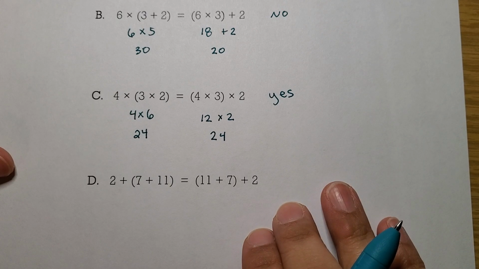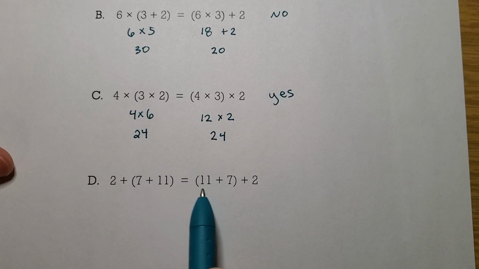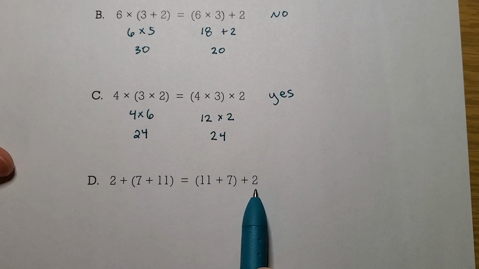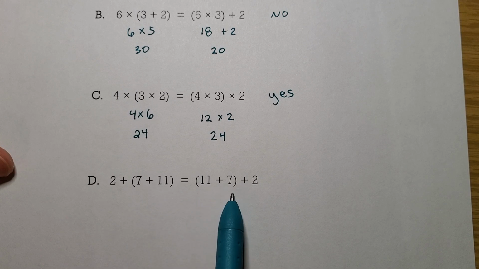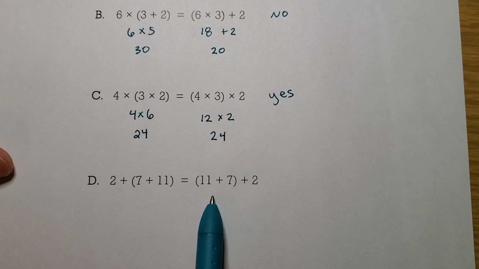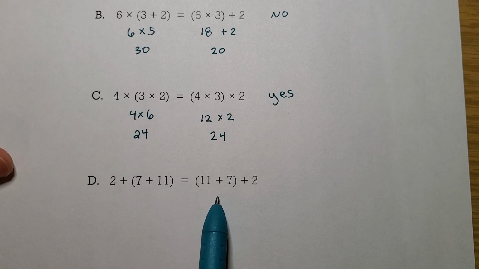All right, for this last one, let's see what happens. We've got 2, 7, 11, 11, 7, 2. And here the 7 and 11 are grouped, and here the 11 and 7 are grouped. So it looks like on this one, the grouping hasn't changed. The 11 and the 7 were grouped on either side.